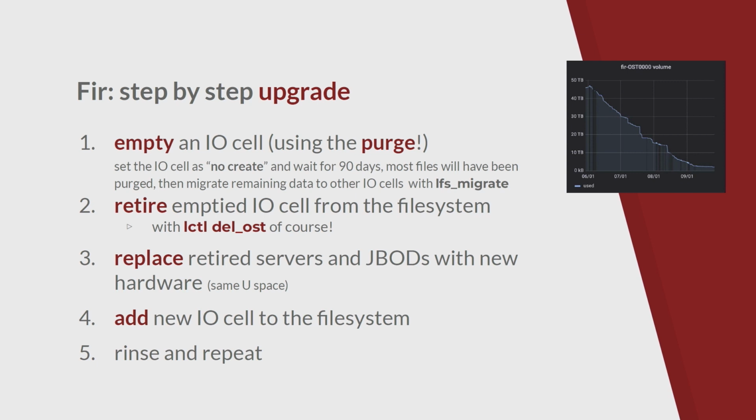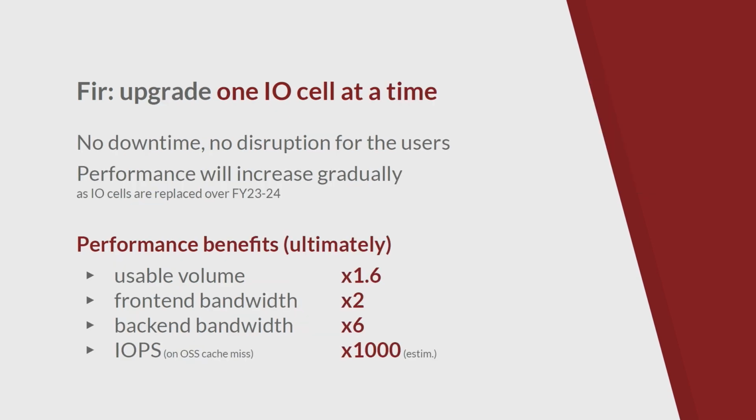It's not purged. So once we have emptied those I/O cells, we will retire those OSTs, with the data migrated off of course, and replace the hardware, the server and JBOD, with the new hardware. Then we add the new I/O cell to the file system, and we put the new OST in production. After some testing, it will be full flash, and we rinse and repeat for each I/O cell.